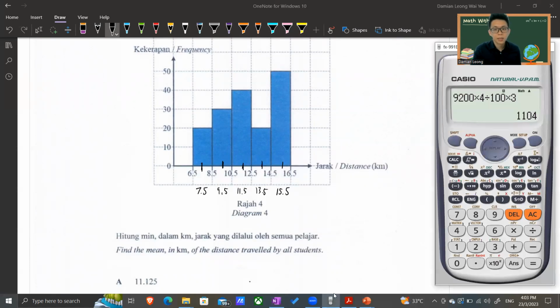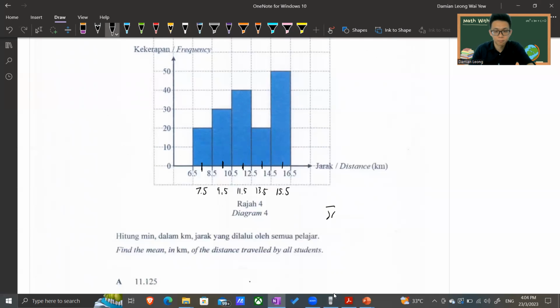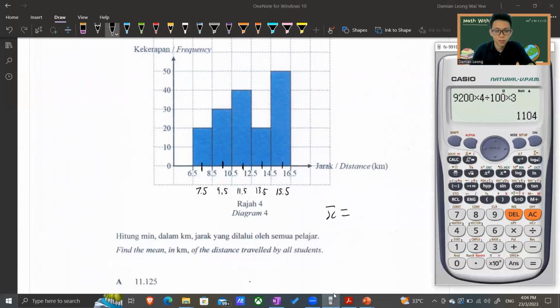So the mean, how do we calculate? Sum of frequency times midpoint over the total frequency. This is the symbol for mean.